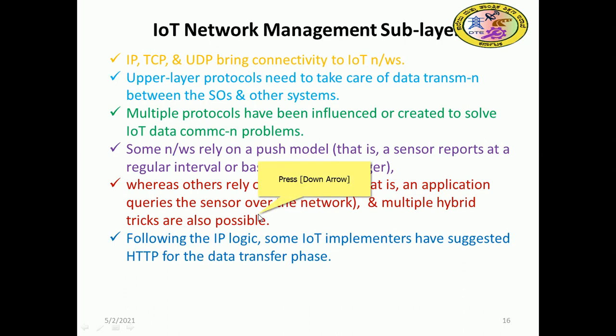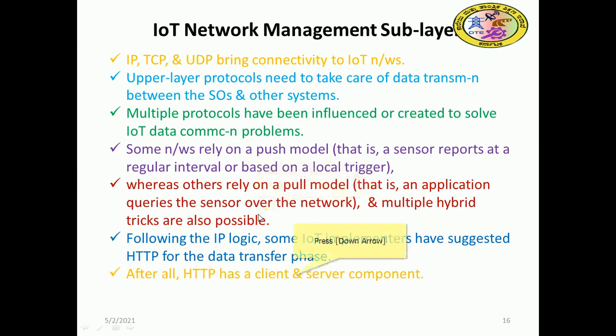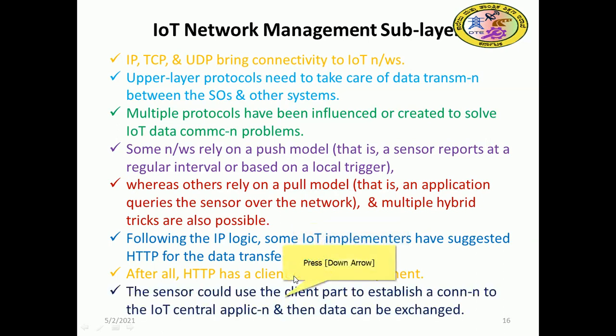So following that internet protocol logic, some of the IoT implementers are proclaiming that HTTP for the data transfer phase is also workable, but HTTP has a client server component. A sensor could use a client part to establish the connection to the IoT center application, then data can be exchanged.